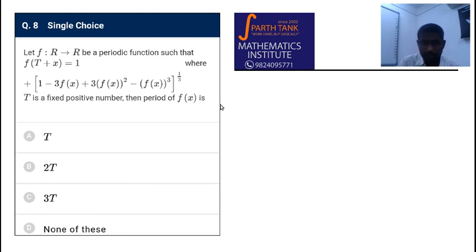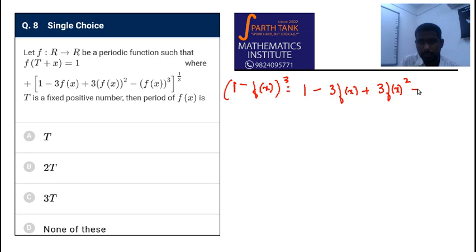Alright, interesting question. See that this bracket term is nothing but 1 minus f of x the whole cube, right? Because 1 minus f of x the whole cube will be a cube minus 3a squared b, so 3f of x plus 3ab squared, f of x the whole square, minus b cube, f of x the whole cube, right?